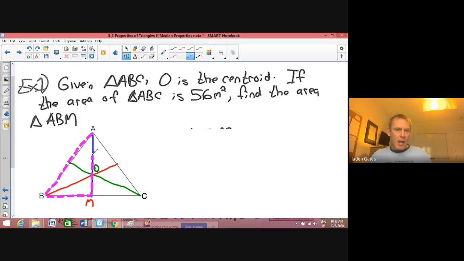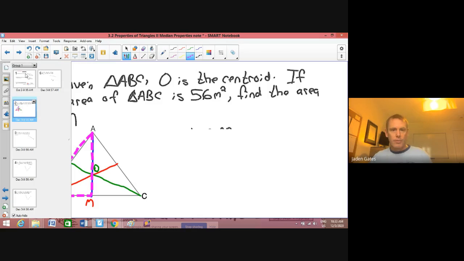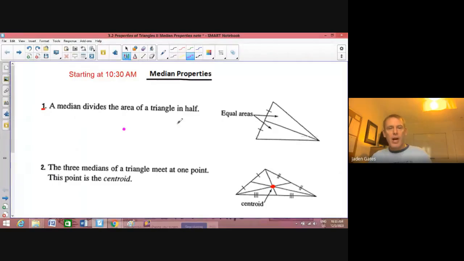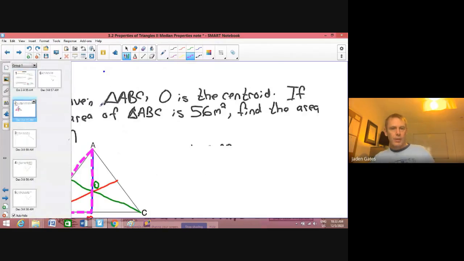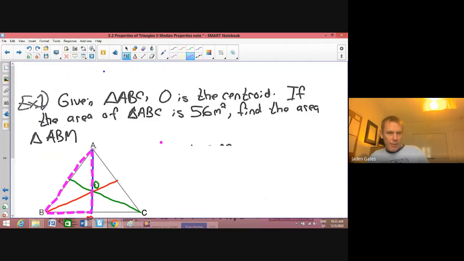And again, that comes down to, I'm going to go to my first sheet. A median divides our triangle in half. And so in this example we have half the triangle.